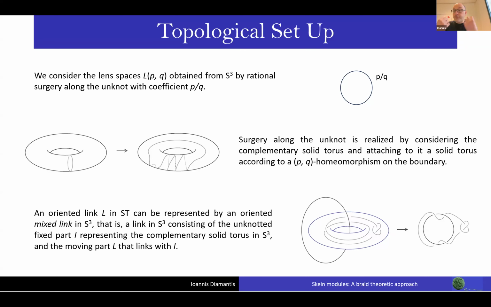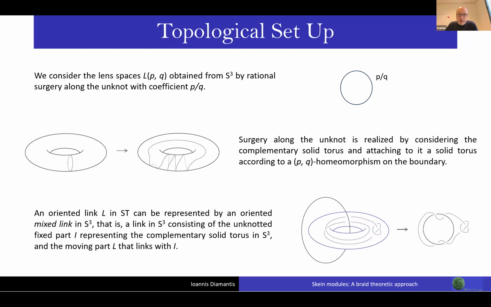We take the tubular neighborhood of the unknot, we drill it out, and then we put it back, but now we attach it to the remaining solid torus according to a (p,q) homeomorphism on their boundary. Which means that we understand immediately that the intermediate step before one obtains the lens space is the solid torus.